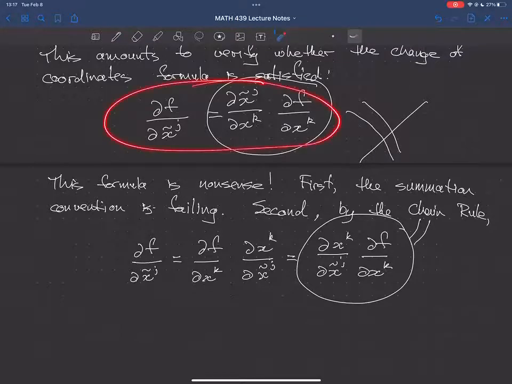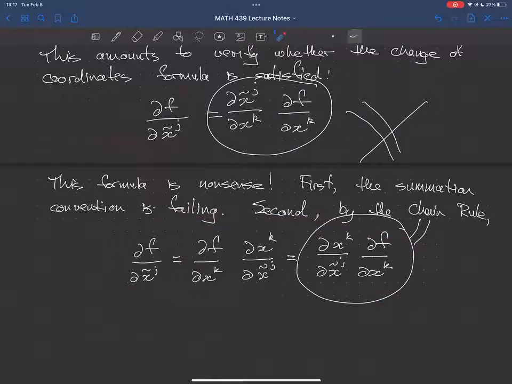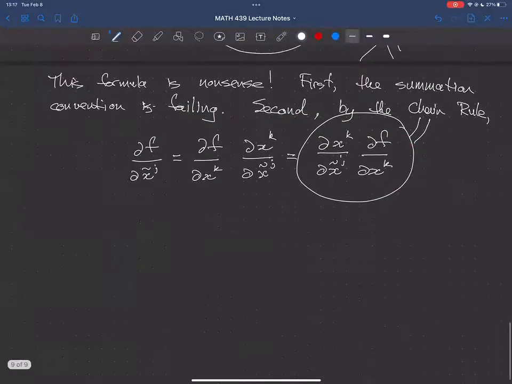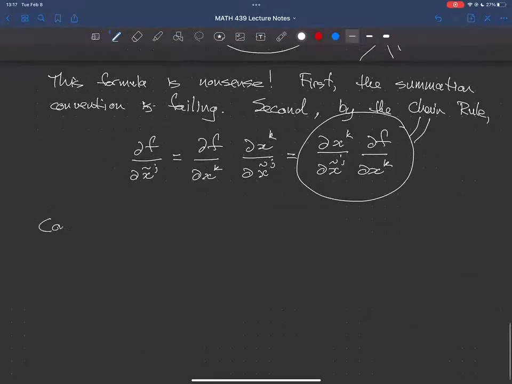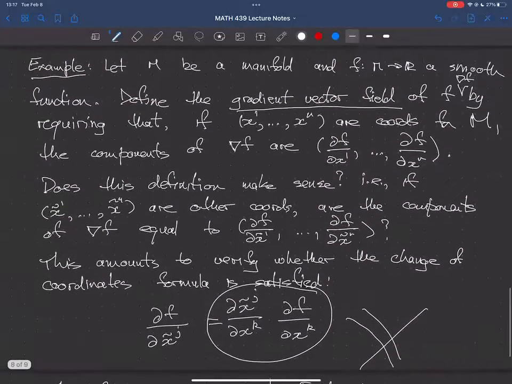One, it's wrong for the lame reason that it fails to pass the summation convention rules. More importantly, it's wrong because we know what the right formula for that is, and it's this thing here. So what do you conclude from that? The conclusion is that your definition of grad f does not make sense.